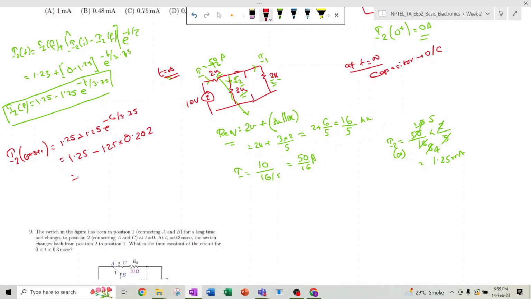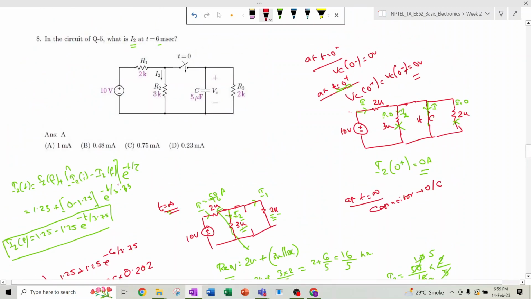So it is 1.25 minus 0.252 approximately. It is coming out near about 1 milliampere. If you ignore the small difference, 1.25 minus 0.25 is 1 milliampere. So the correct answer will be 1 milliampere.